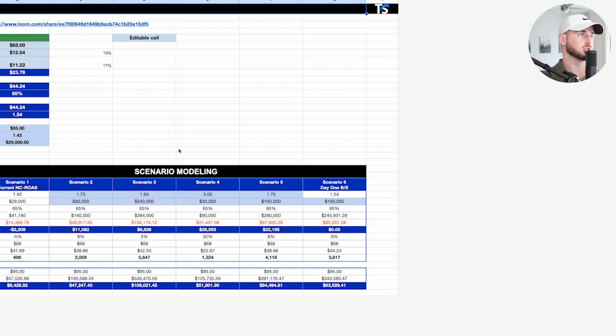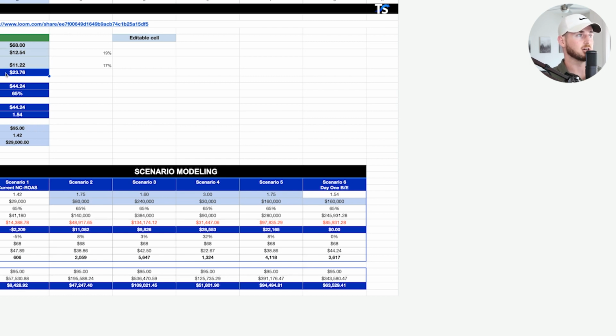All right. So you need to go through this whole sheet. This is one from one of our clients, and we're going to go through that whole thing now. You're going to fill out your AOV, whatever your AOV was over the last 3 months, your cost of goods. What is your average cost of goods per AOV? And if you know something where it's like, hey, 19% of my AOV is cost of goods and 17% of my AOV is shipping and handling, then just do the math and type out whatever numerical number that is right here.